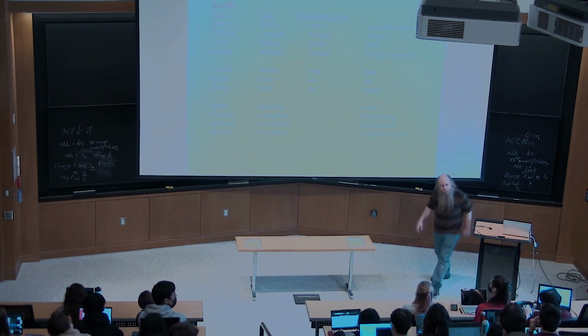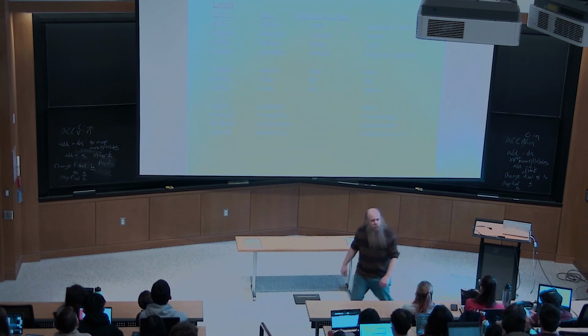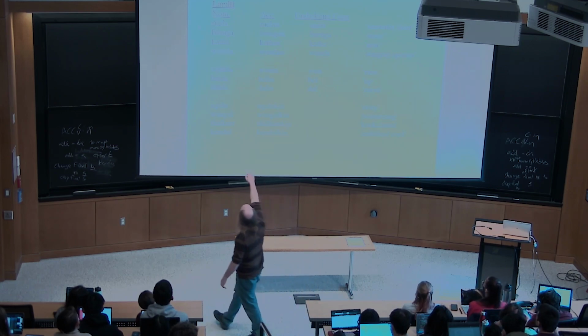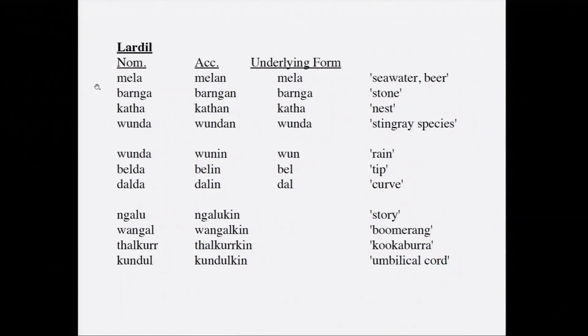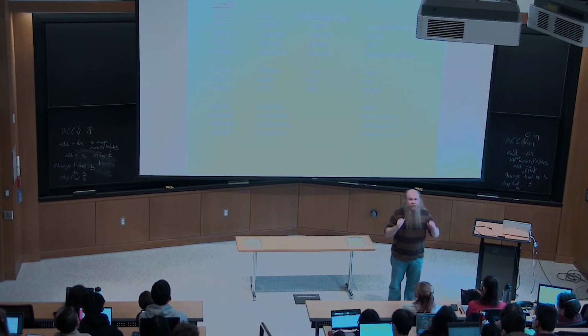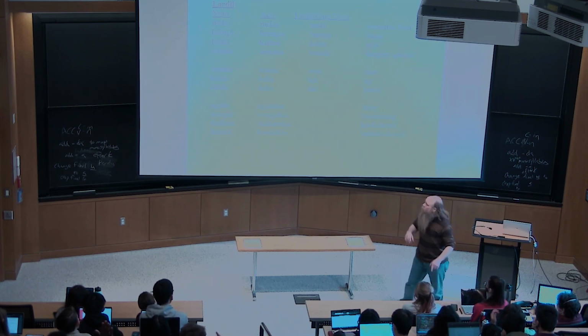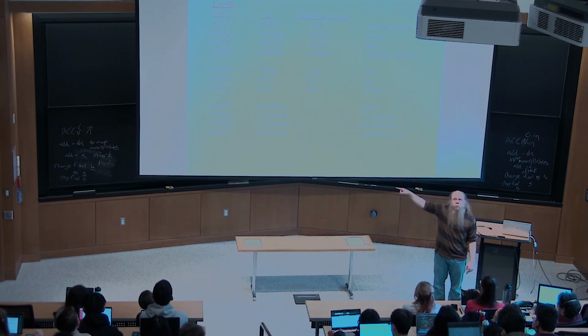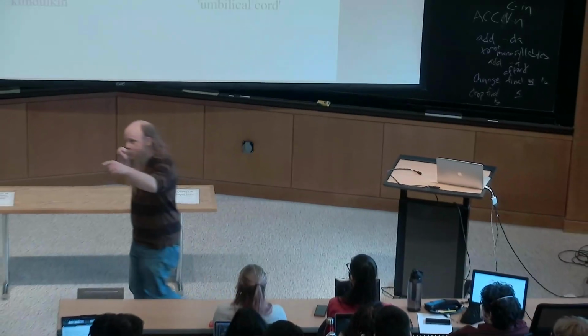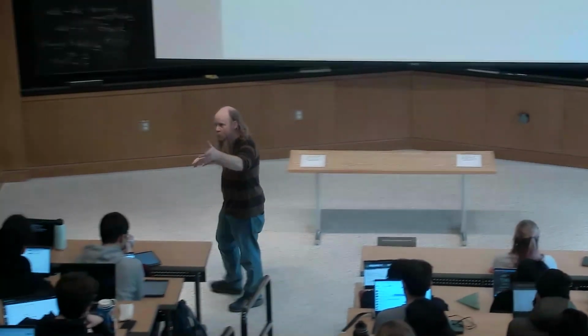The word for string, birka, which started off as birk, and we ask why aren't we dropping the final k? Yeah, you're asking exactly the right question. Or similarly, ngalu, right? We just came up with a rule that changes final u to a, but the word for story is not ngala, it's ngalu. You have to specify that dropping the final k applies to underlying forms which are multisyllabic.